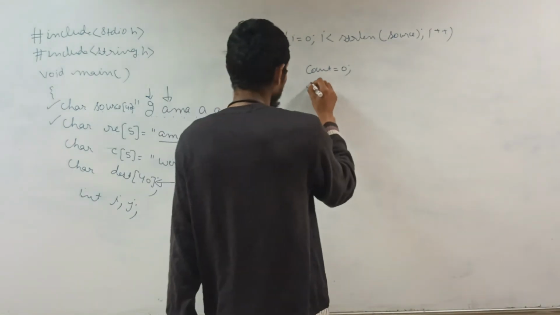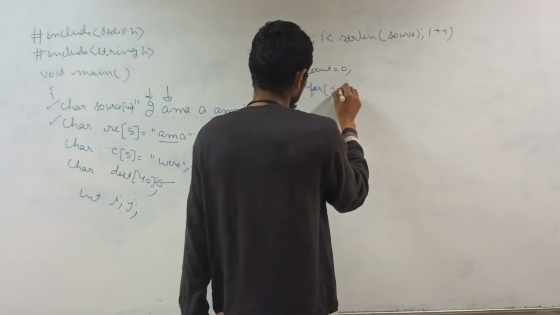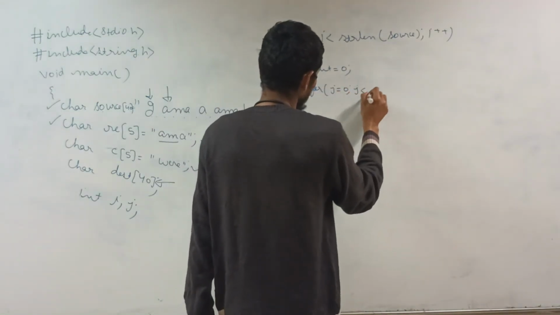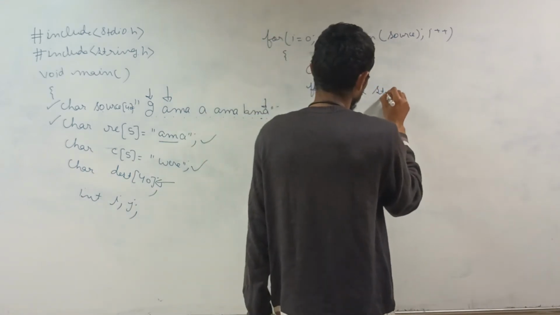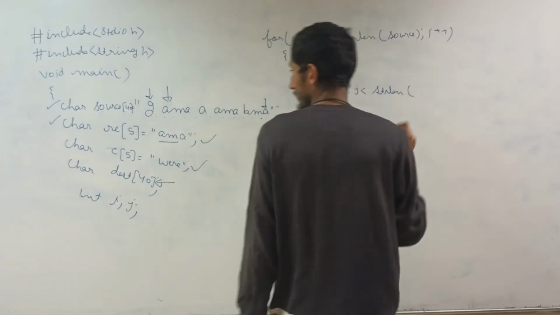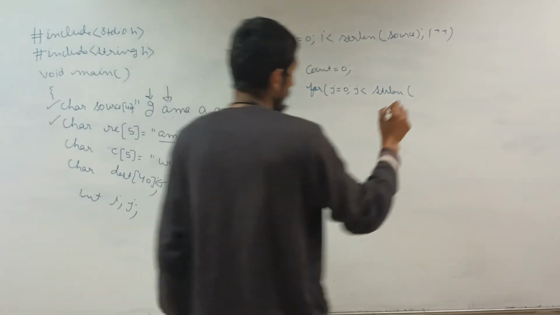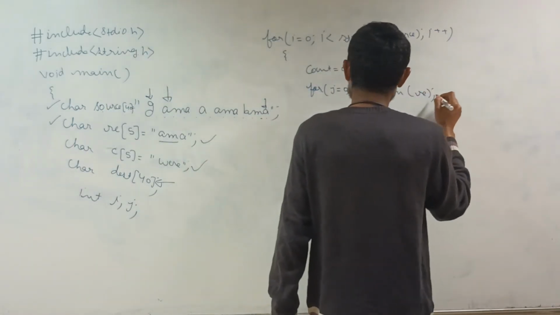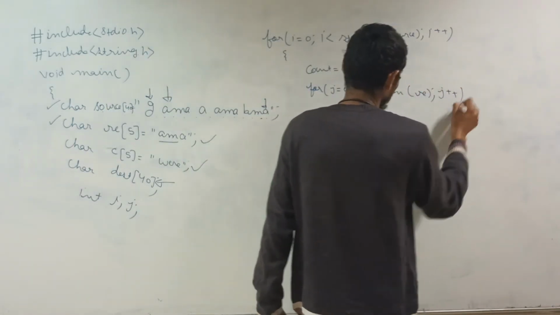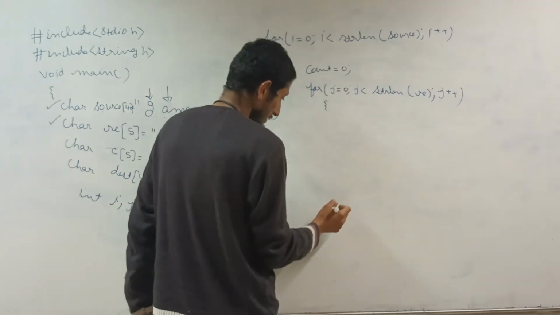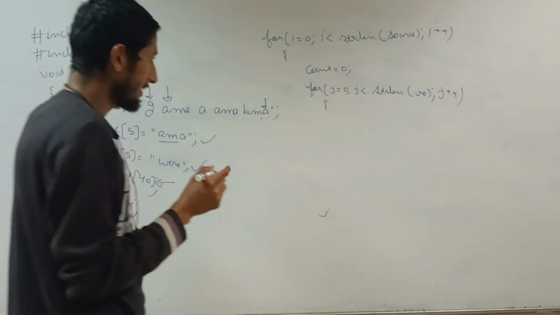And let me apply the inner loop: for j equals 0, j less than strlen of the name of this string, which is re, and j plus plus. Let me check whether the character is matched or not.